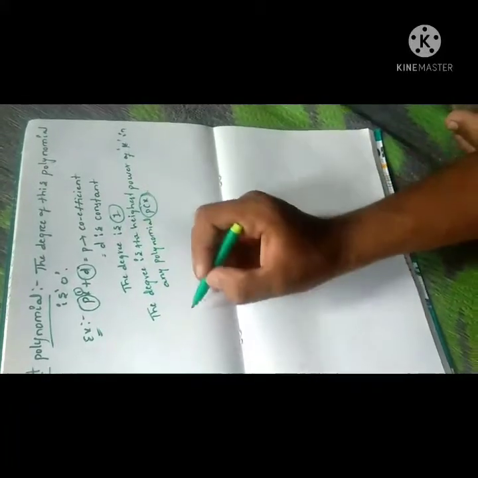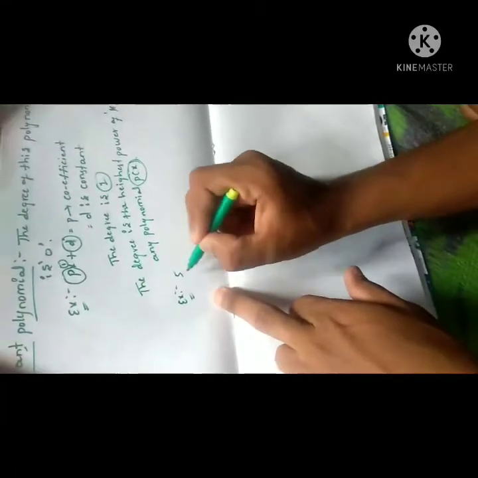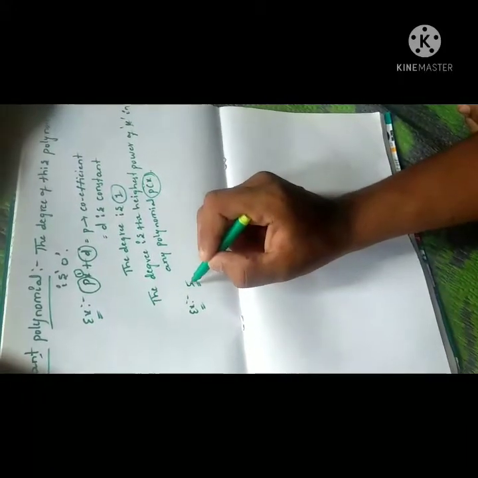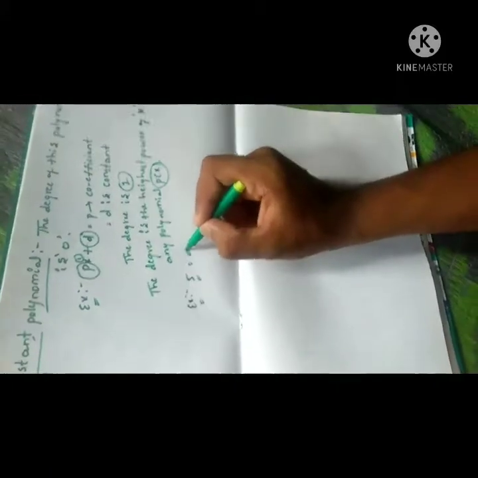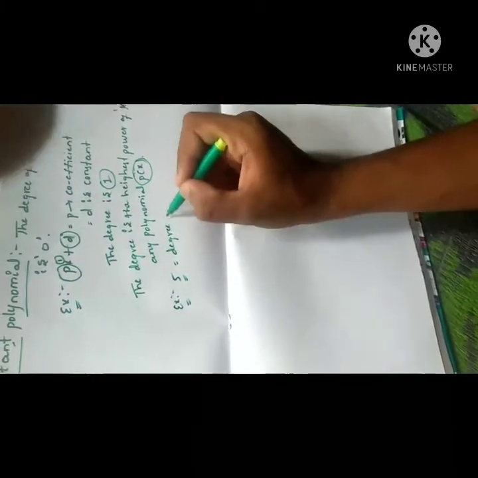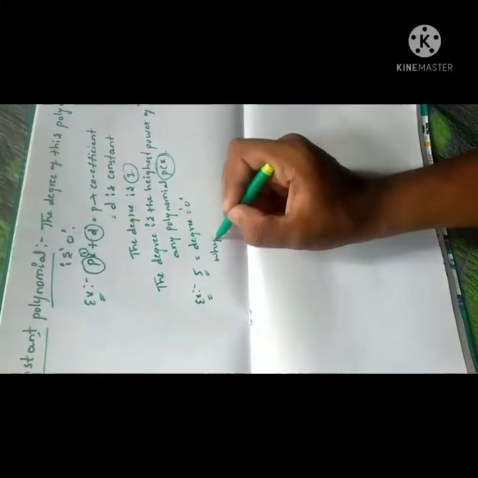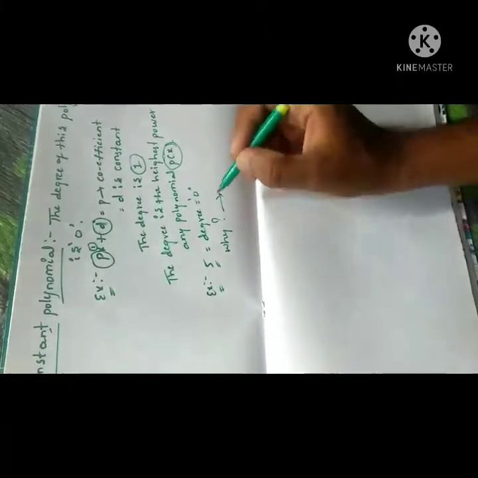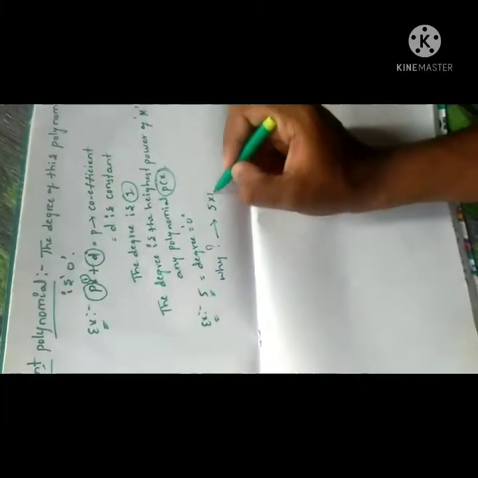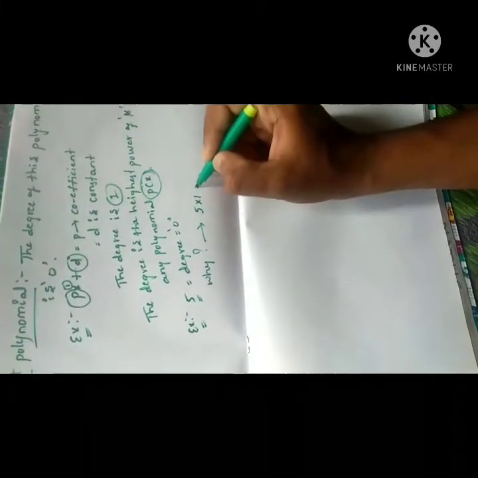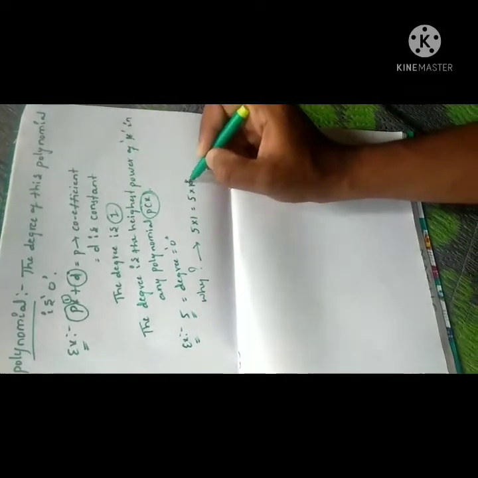Why? Because, for example, 5. What is the degree of this? The degree is 0. Why? Because 5 can be written as 5 into 1, and 5 into 1 is equal to 5 into x power 0.